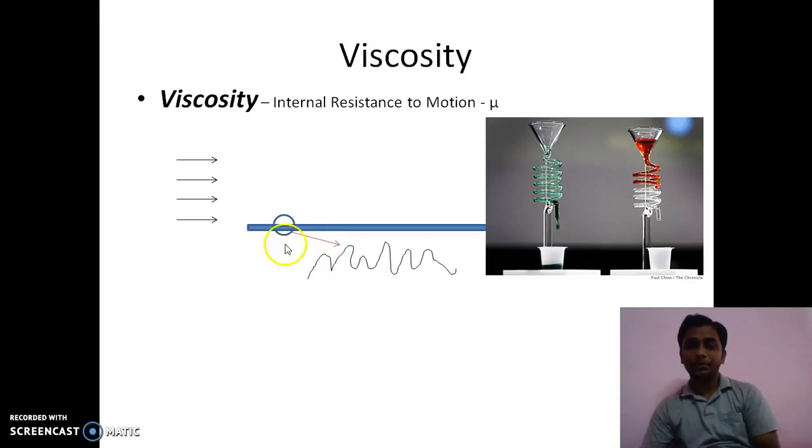And now what will happen? There is a chance that the fluid particle or fluid molecule will get clogged in between these spaces. And if it is getting clogged, what will happen? They will come to rest and their velocity will be equal to 0.